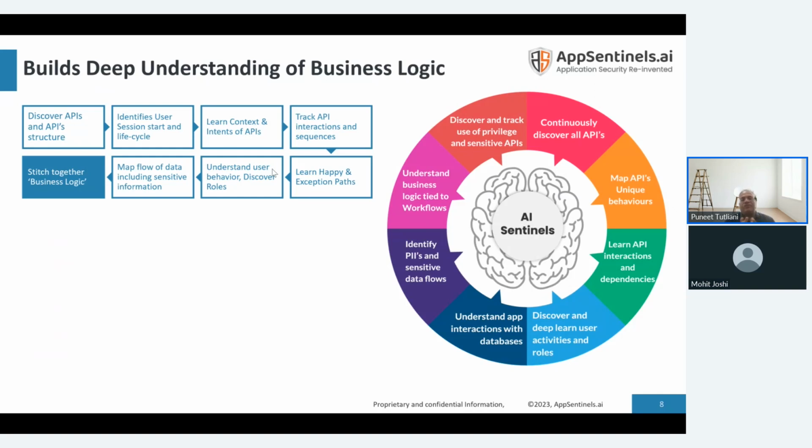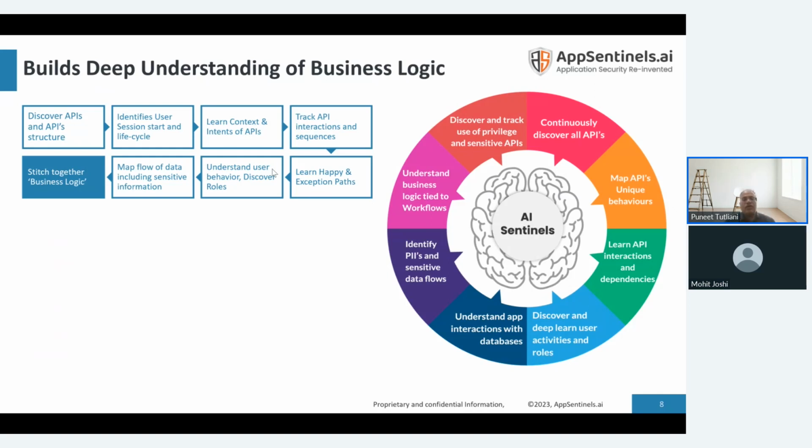It understands the business logic of what the customer application is doing, and it starts with discovery of APIs. It discovers each and every API in real time, understands the structure of those APIs, and how users are accessing the application, and if there are tokens or cookies, how those are getting refreshed.